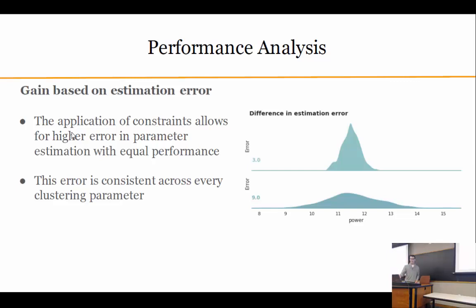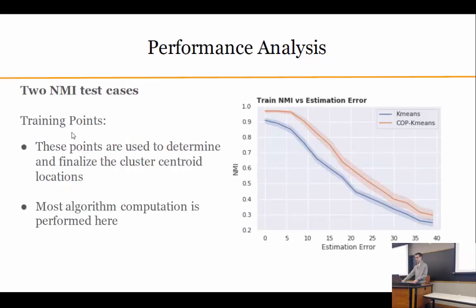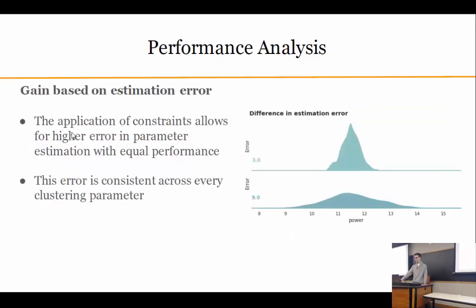In this case, I just chose power as a parameter, but this spread and distribution is consistent across all parameters. So this is showing that I need more accurate estimation with the typical k-means algorithm, versus implying constraints, where I'm much more tolerant to errors in parameter estimation. And this 3 and 9 is what the estimation error actually is. If we go back to here, you can see that the separation between these two lines is about 5 or 6 in terms of this estimation error for some given performance.